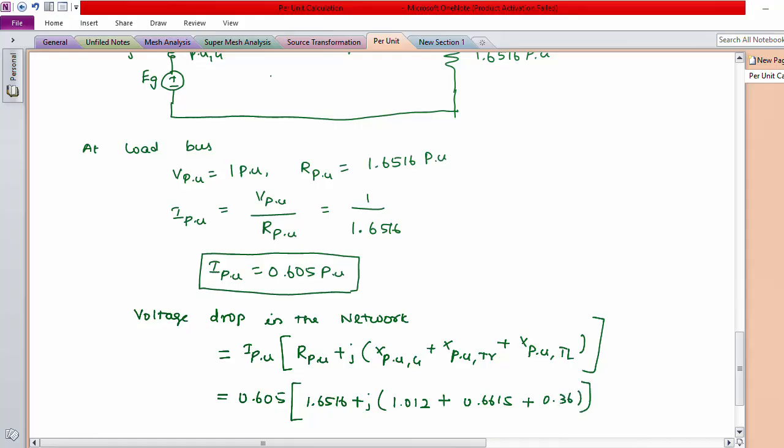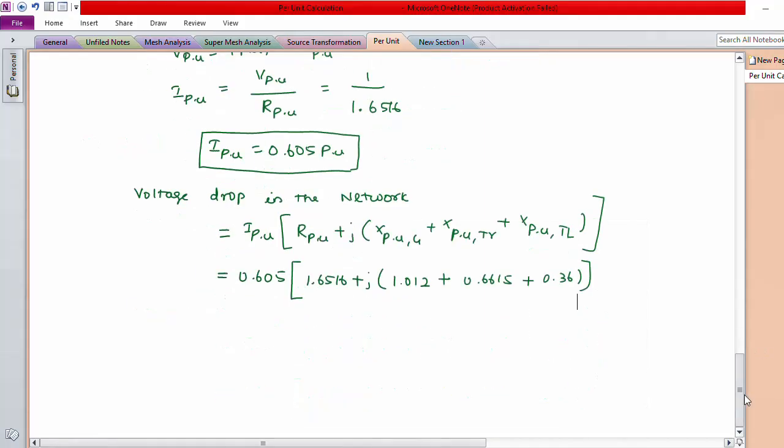Now if you simplify this equation, we get 0.605 into 1.6516 plus J 2.034.